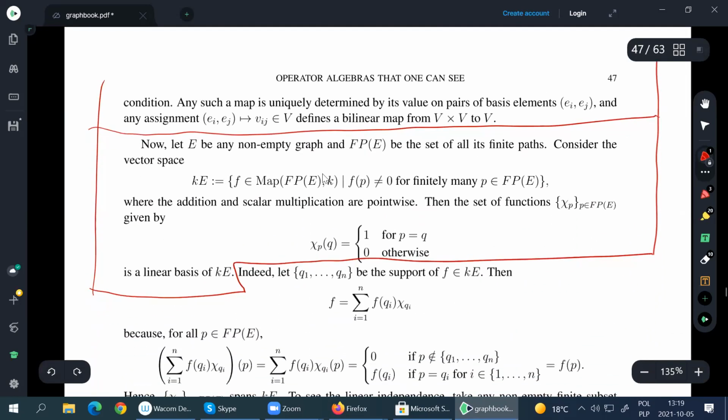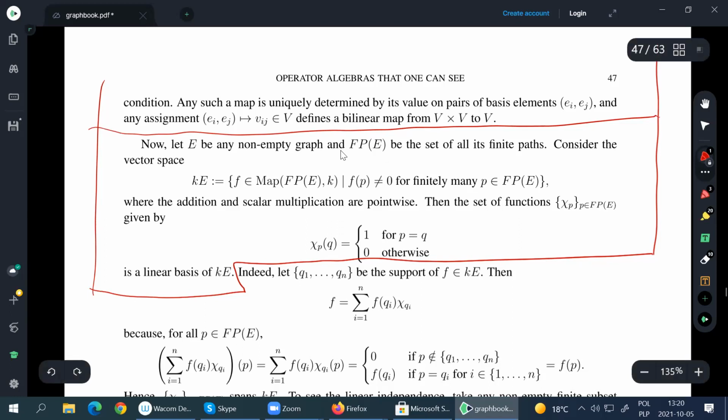All right, so we take E to be a non-empty graph so that we have some non-empty space of paths. Of course, you can also incorporate the empty graph, and then the path algebra of the empty graph is the zero algebra. It has one element, it's a unital algebra, 0 equals 1.